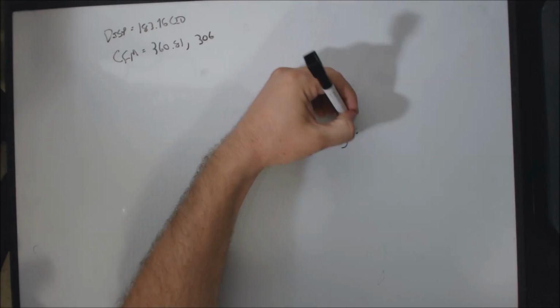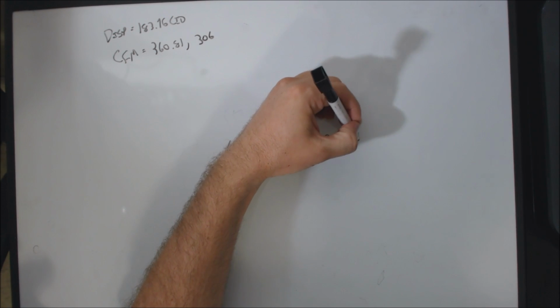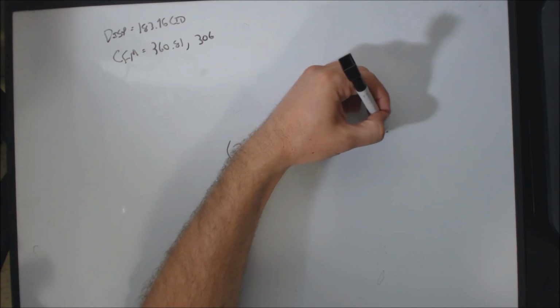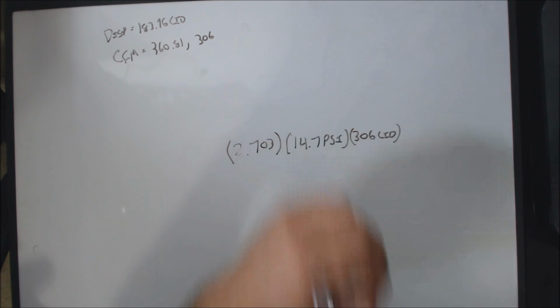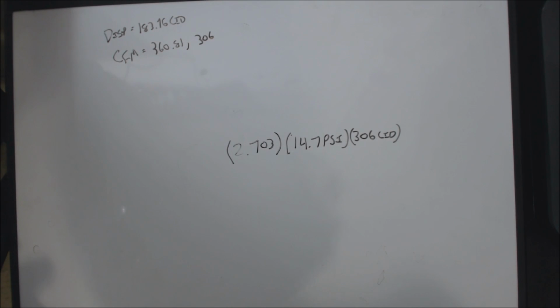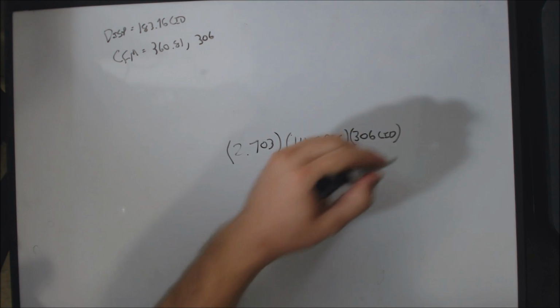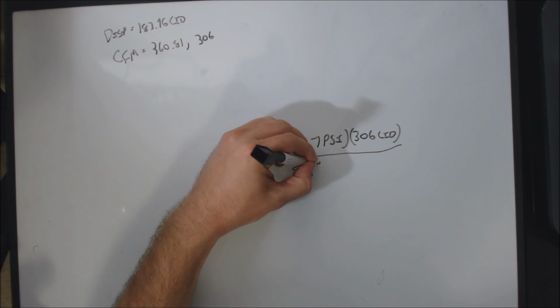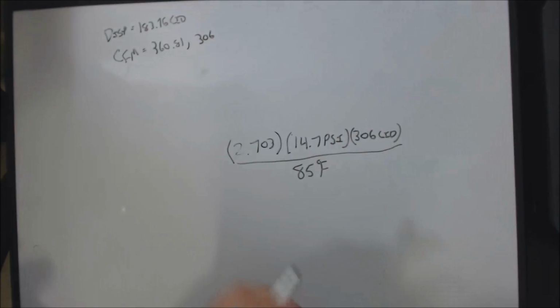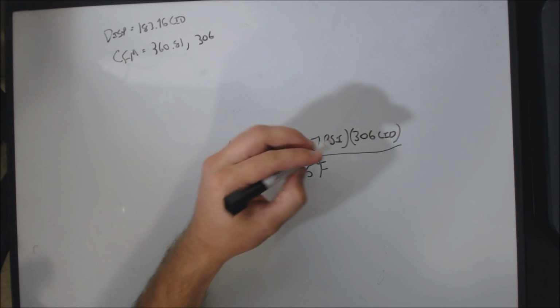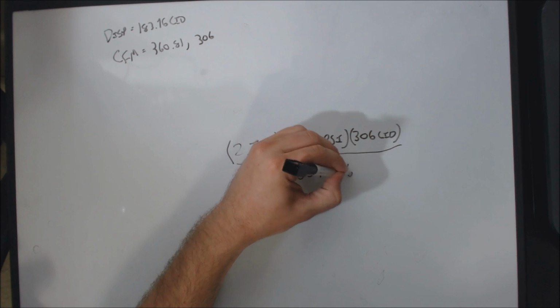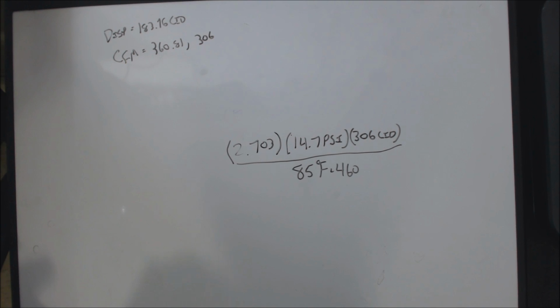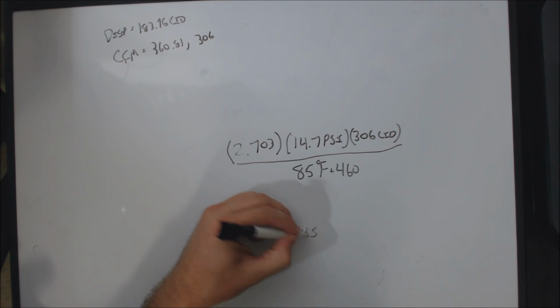And I'll use my VFR, which is 306 CFM, and I'm going to divide that by my ambient temperature. I'm going to assume 85 degrees Fahrenheit, which is a very reasonable thing to assume when you're doing turbochargers, plus 460. 85 plus 460 is 545.